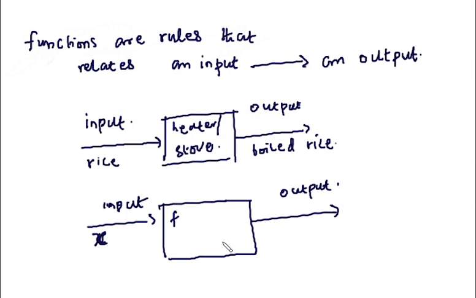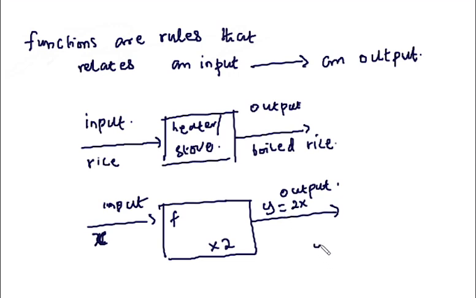Every time you input x, you multiply x times 2. So the output will be y. So y is equal to 2 times x. Okay, so for every x you input into this function, the output will be 2x. So that's the idea behind functions.